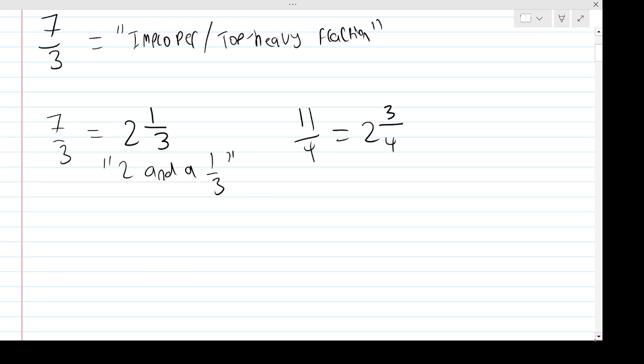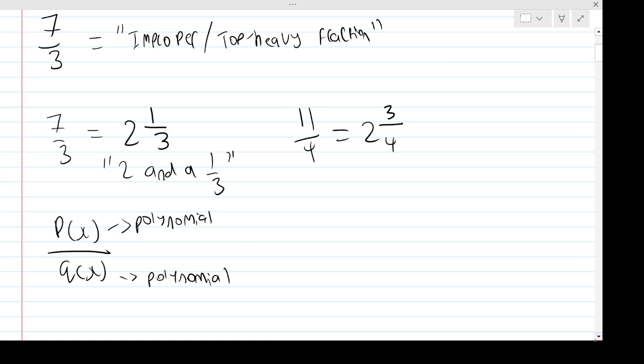Well, it's when any algebraic fraction, again, as I remind you, which we looked at last time, which has polynomials on the top and the bottom, is top heavy or improper when the polynomial on the top is bigger than the polynomial on the bottom. But what does that mean, really?